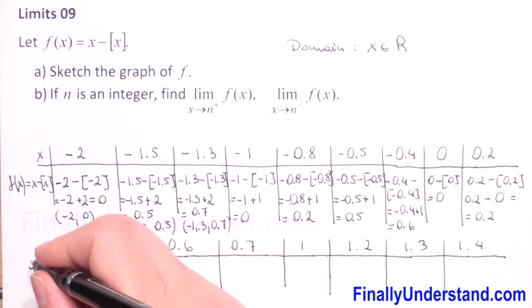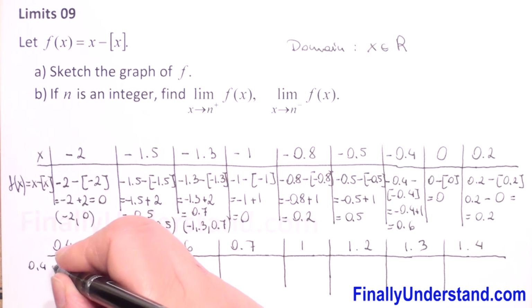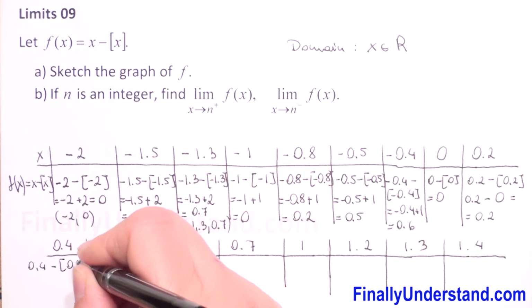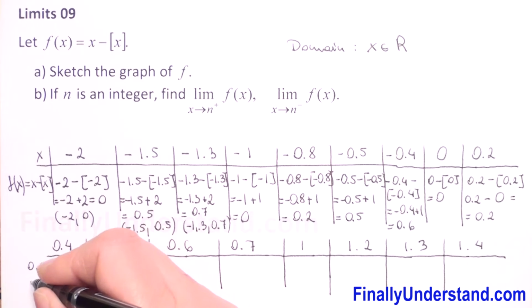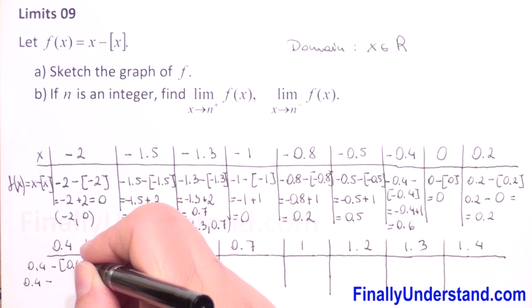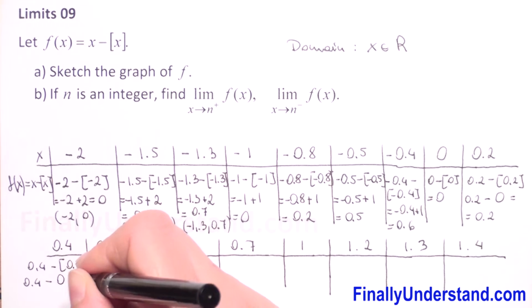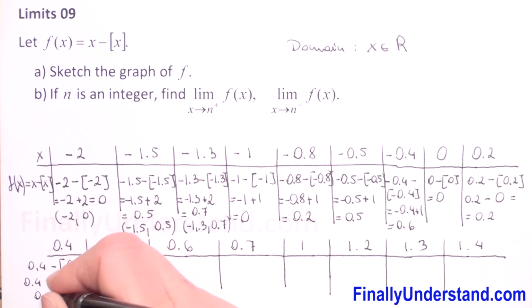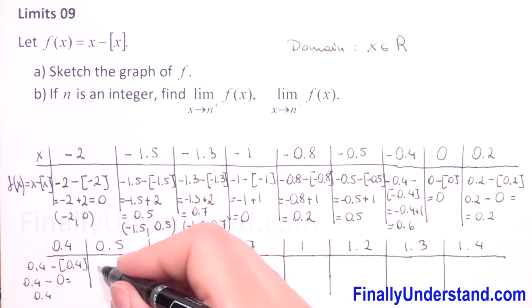Next we have 0.4 minus, in brackets, 0.4. So it will be 0.4 minus the largest integer which is less than or equal, which will be 0. So this is equal to 0.4. So we see the same will be here.